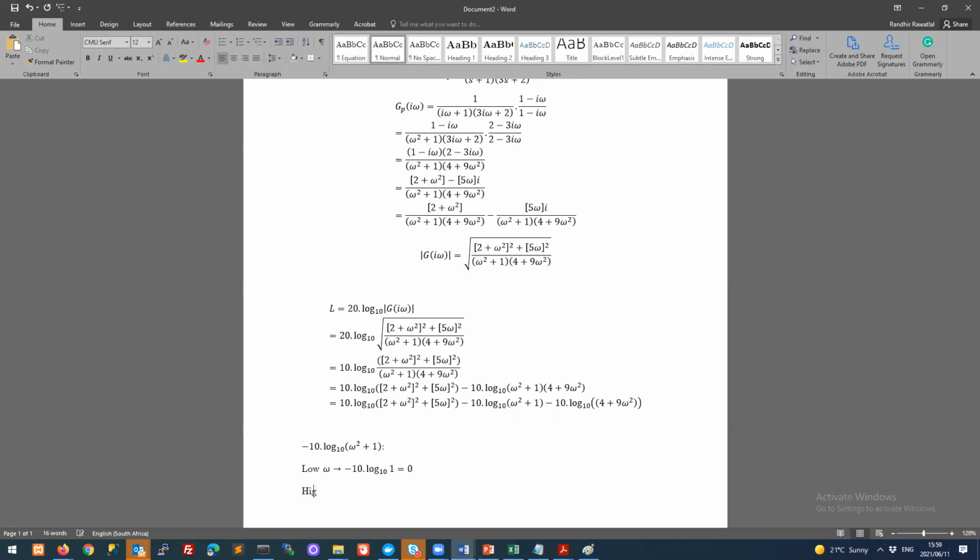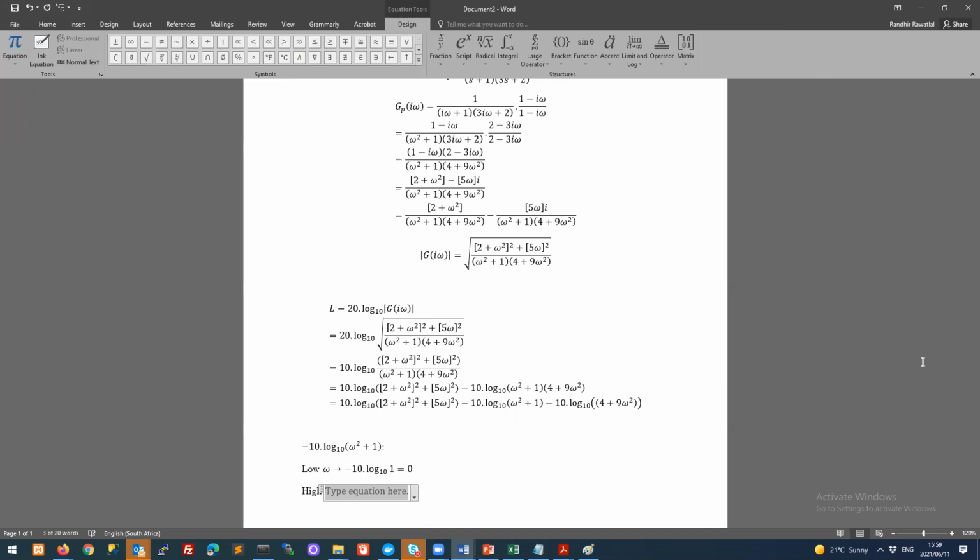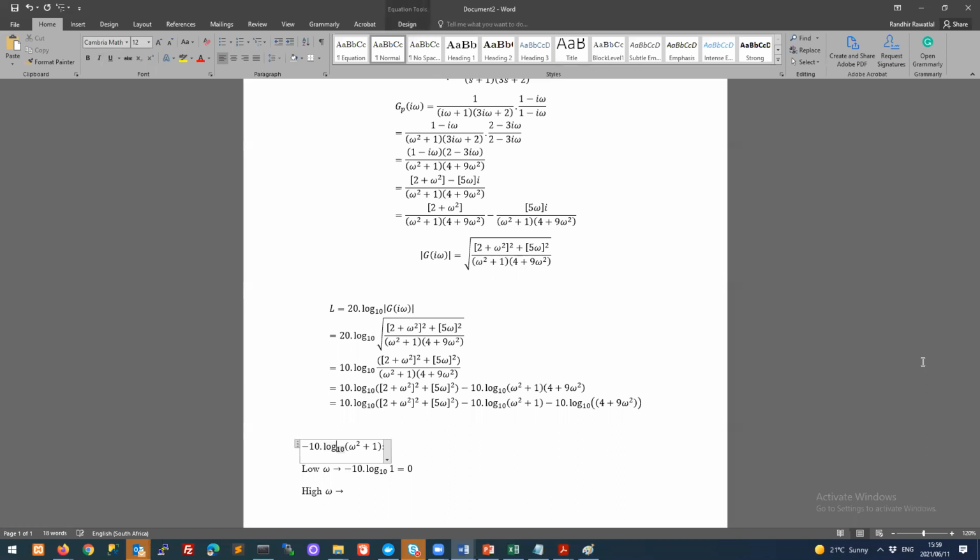And then for high omega, you can see that this is going to be approximately minus 10 log 10 of omega squared, right? So let's say this is approximately minus 10 log 10 omega squared. And we can rewrite that as minus 20 log 10 omega.